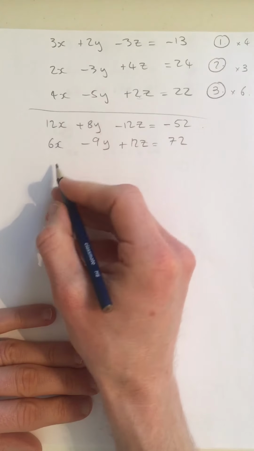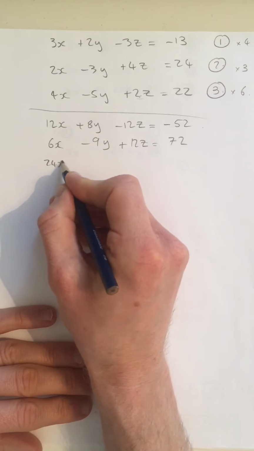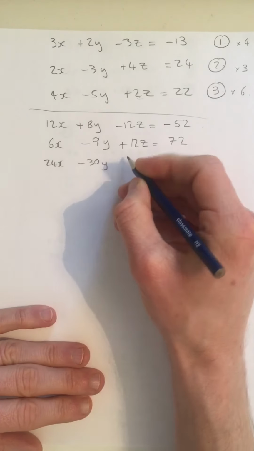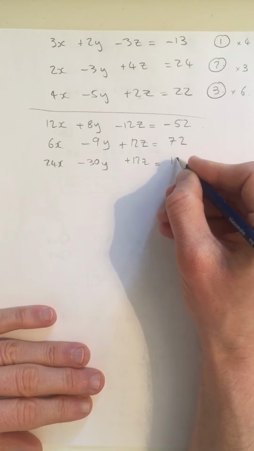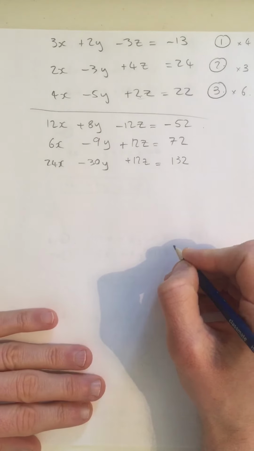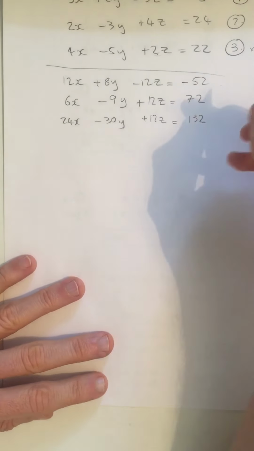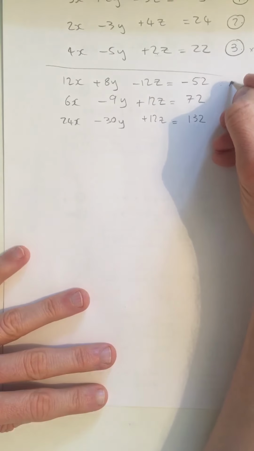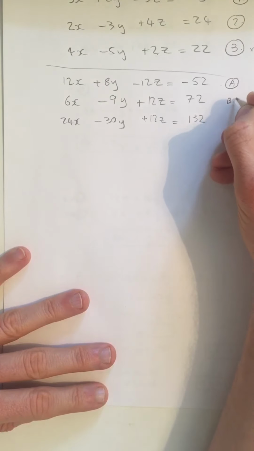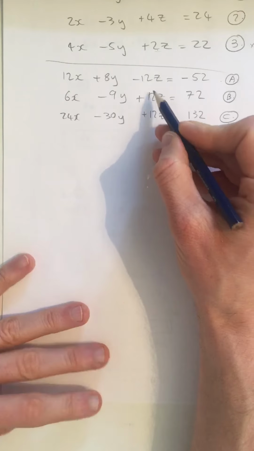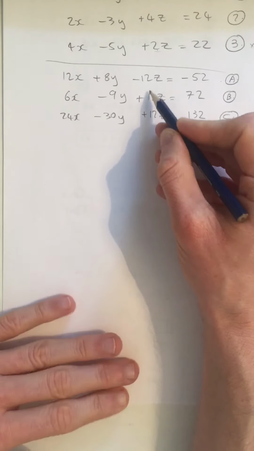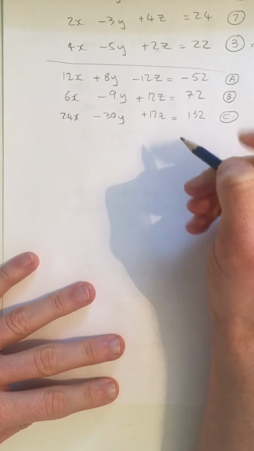And equation 3 is going to become 24x minus 30y plus 12z equals 132. So I've got 3 new equations. I'm going to label them up and I'll call this one A, this one B, and this one C. And the key thing is these are the same, which will allow me to eliminate the z's now.